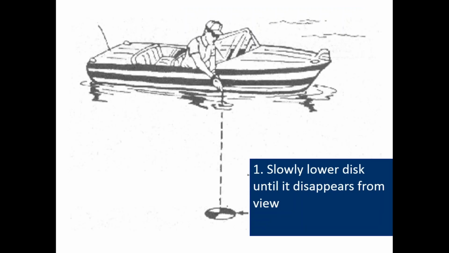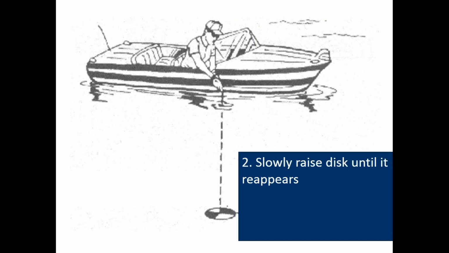Then take out your Secchi disc and slowly lower it until it disappears from view. And your Secchi disc will be attached to a tape measure. So you'll be able to record that number that's on your tape measure right where it touches the water. You then want to raise the disc until you can see it again.